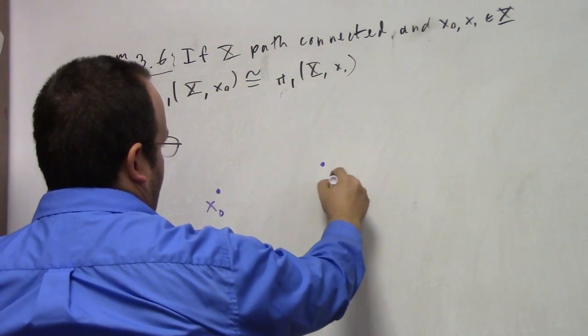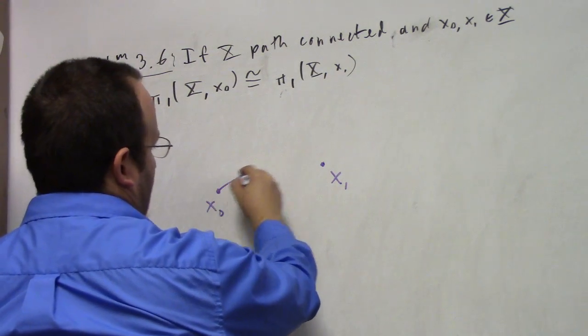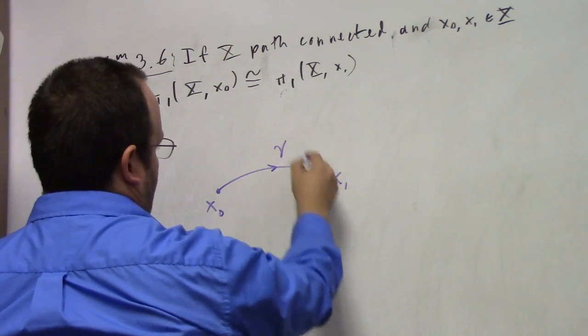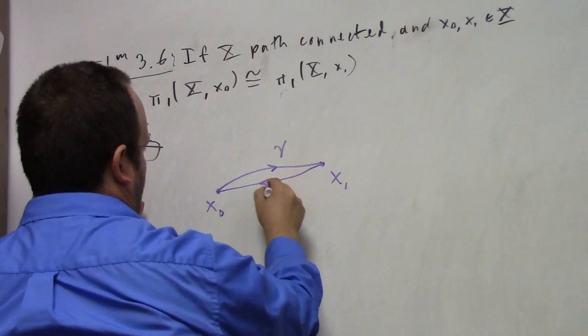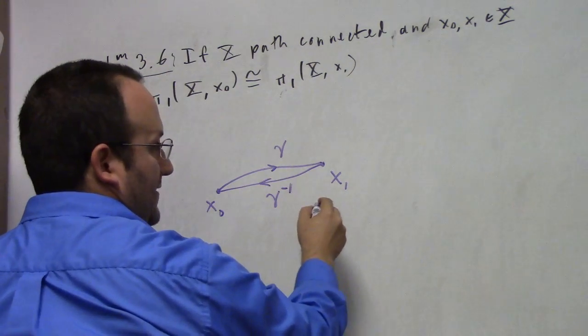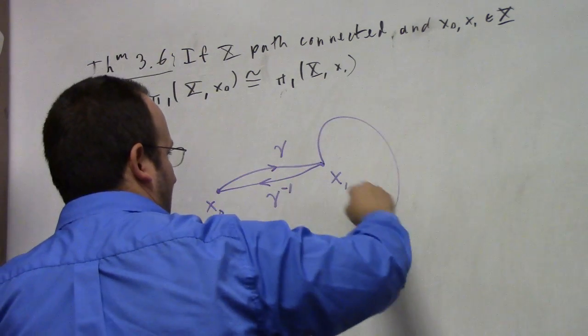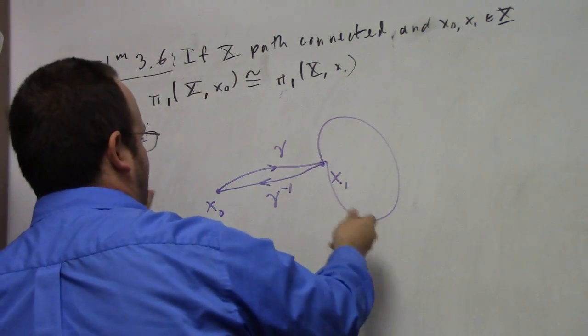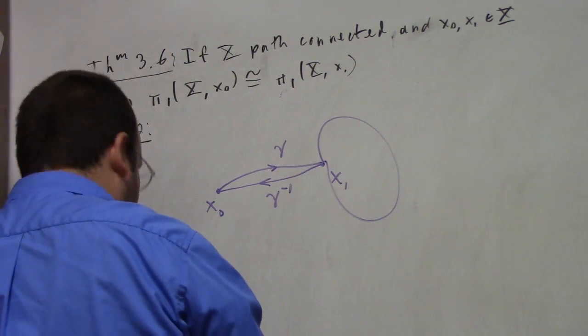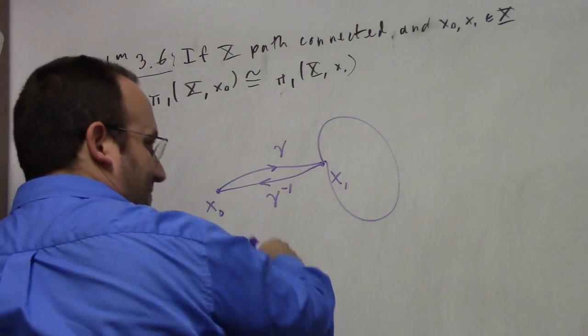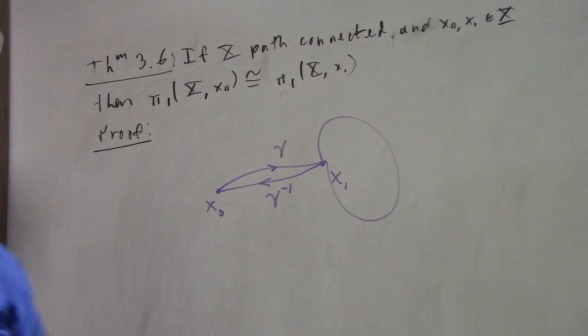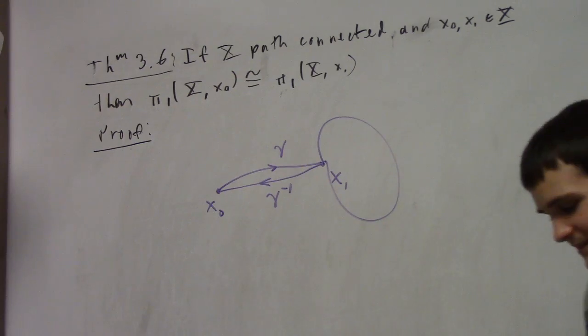What you're about to do is gamma inverse, right? You can take any loop here, and then it becomes a loop over there, because of the conjugation.